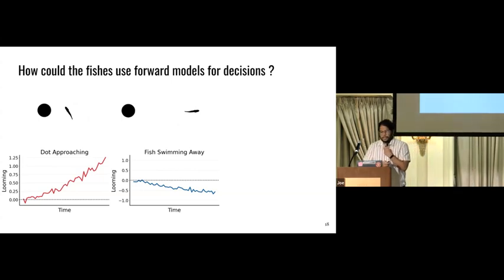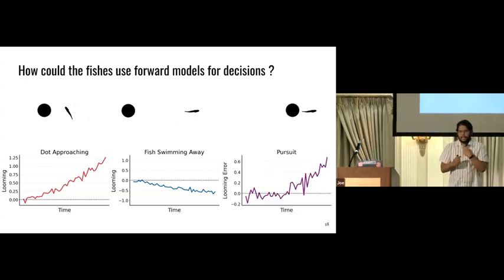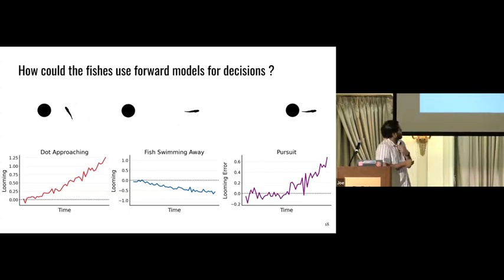But could the fishes be doing something like this, where they look at the difference between the sensory feedback they get and the sensory feedback they expect? So they could possibly be using something like this, which is the difference between these two graphs. Once this goes above a threshold, maybe they realize that something is chasing them.